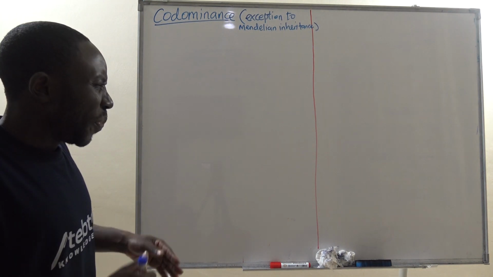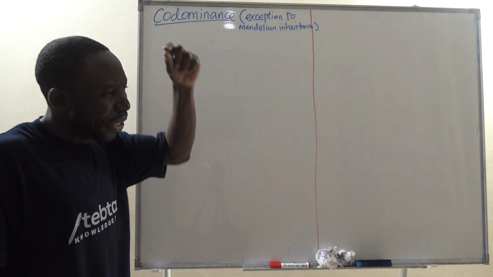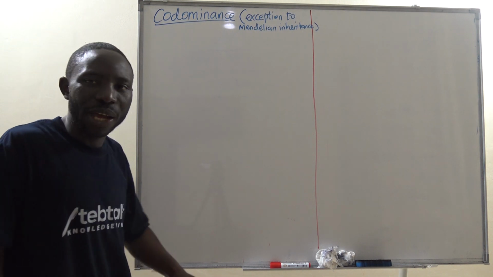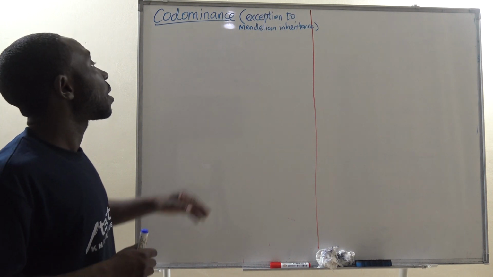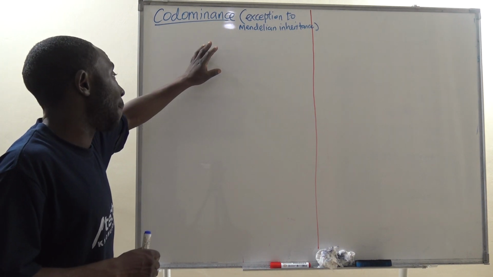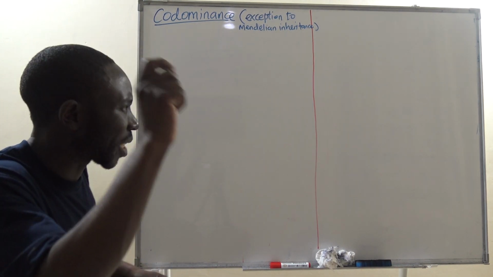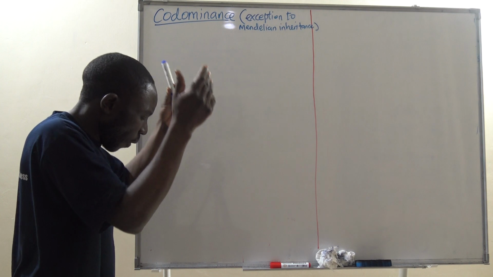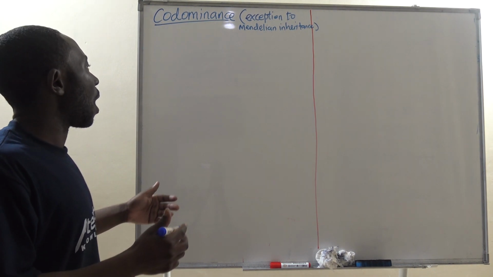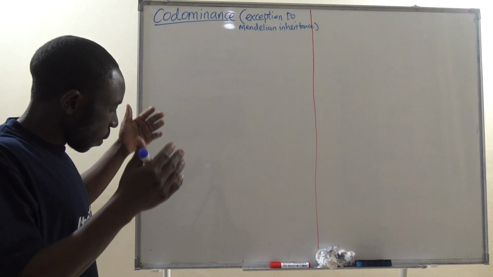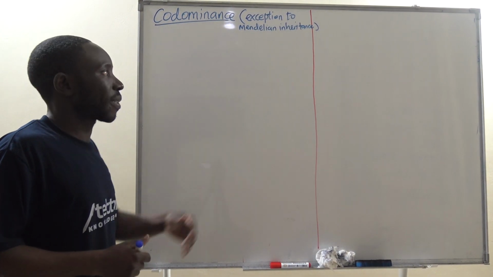The result is that we shall have an intermediate phenotype in the F1 generation, a uniform blend or mixture of the phenotypes of the parents. So this is what we call codominance.